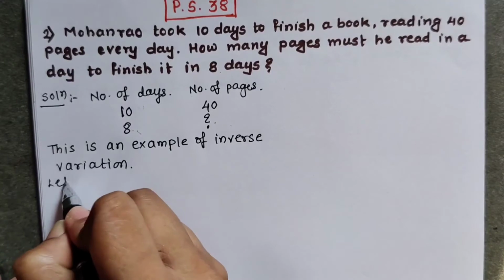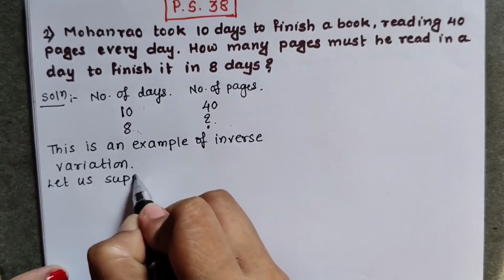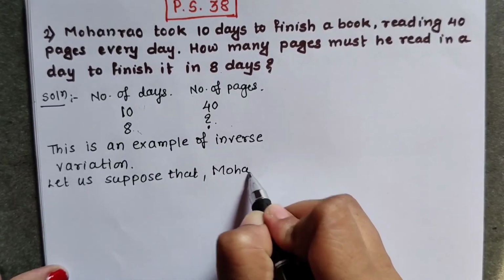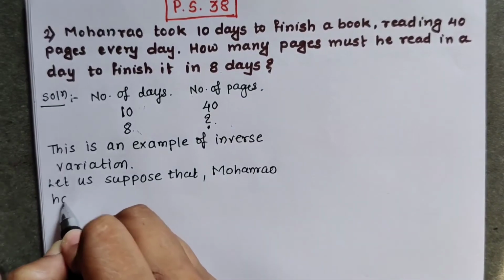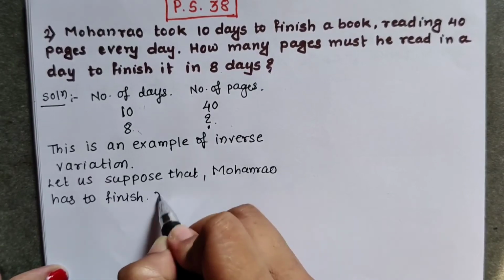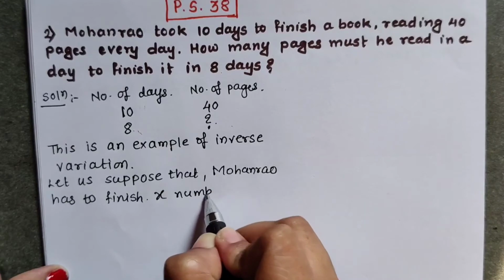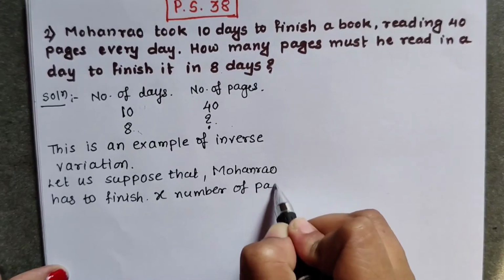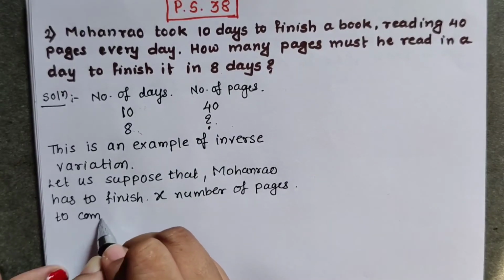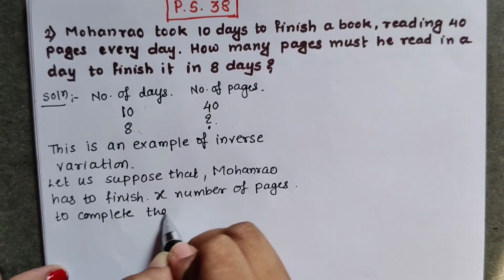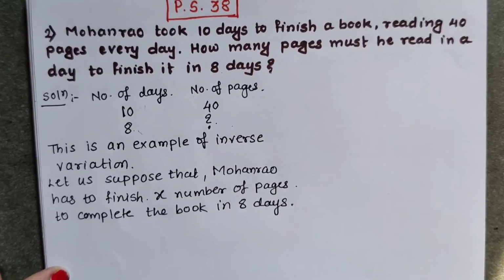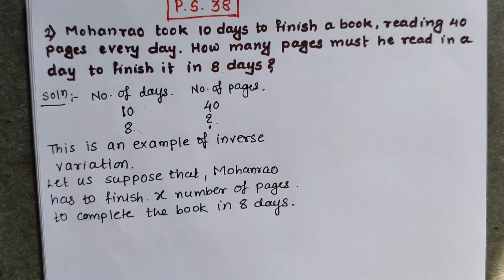So let us suppose that Mohan Rao has to finish X number of pages to complete the book in 8 days. So he has to finish X number of pages to complete the book in 8 days.